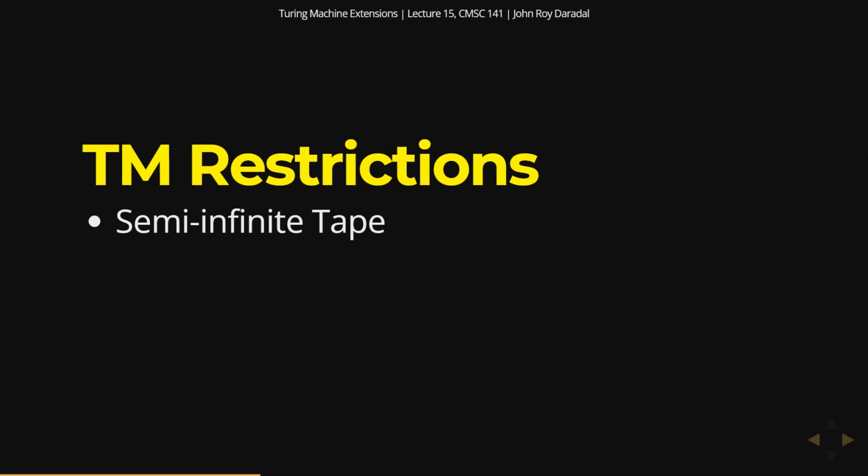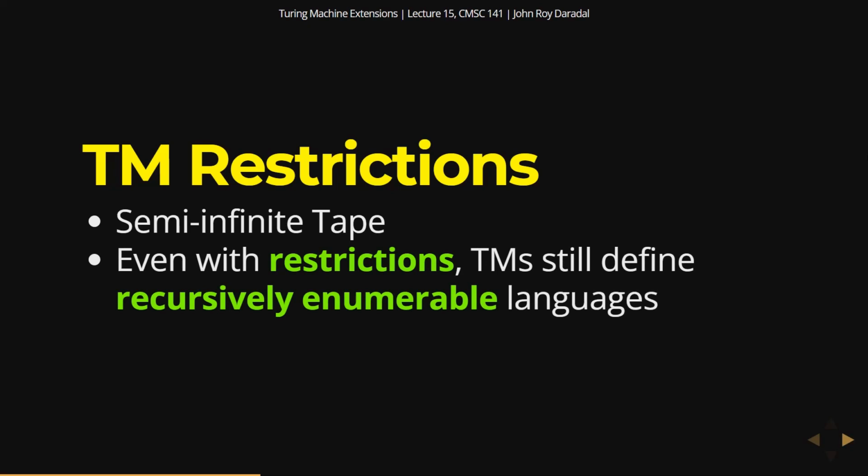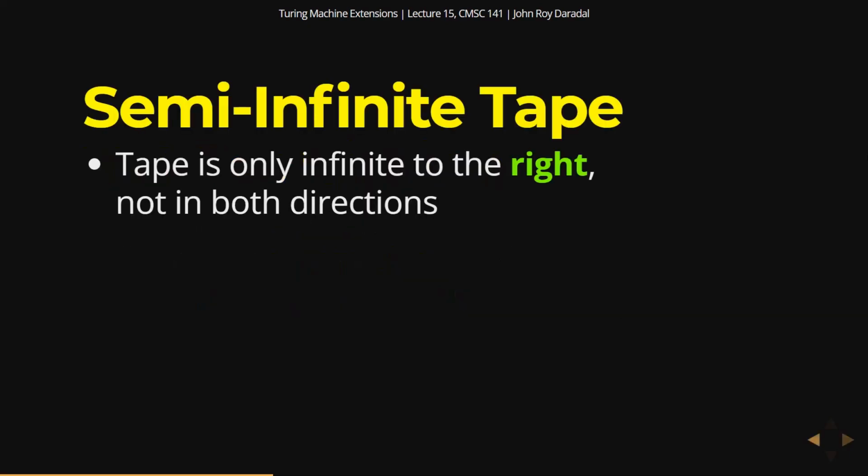What if it only has a semi-infinite tape? So we're kind of restricting it, or reducing its power supposedly, but we'll see later on that even with restrictions, the Turing machine still defines the same language class, which is the recursively enumerable languages. Okay, so why is that?